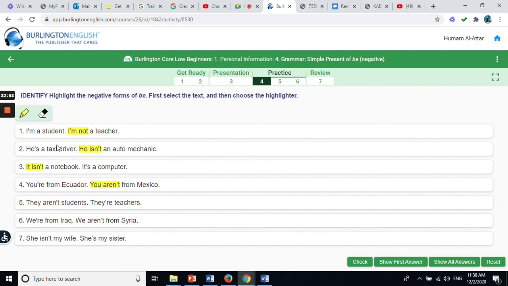In each one of these numbers, we have two sentences. One of them is positive and one of them is negative. Okay, so we need to identify which one is the negative. We only need to say which one is the negative. Okay, very good. They aren't students. Thank you.